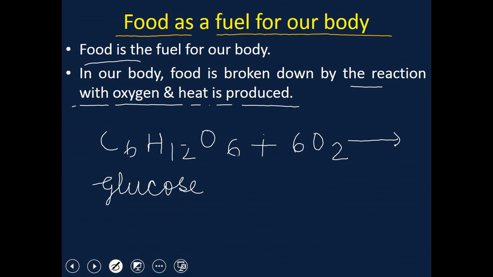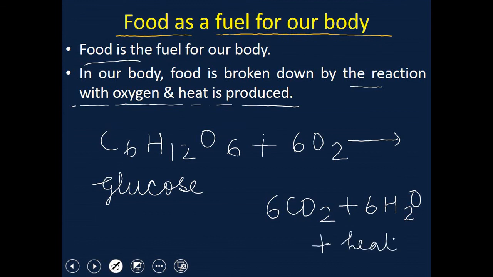So what will be the products formed? 6 molecules of CO2 plus 6H2O will be formed, along with that, heat energy will be produced. So we can write here C6H12O6 plus oxygen gives CO2 plus H2O plus heat energy. This is the process which takes place during respiration in our body.